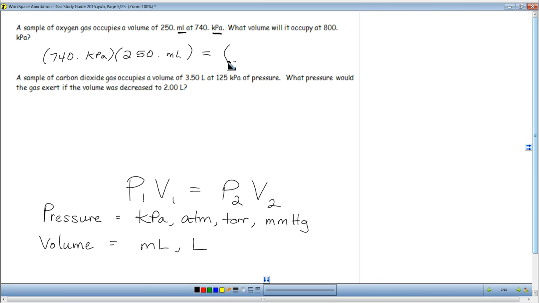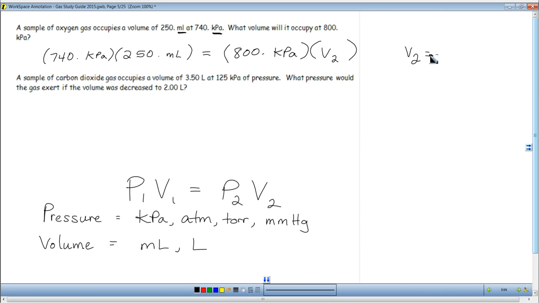What is the volume at 800 kilopascal? 800 kPa is my P2, that's my new pressure. V2 is my variable. Oh my gosh, this is so easy. So you just plug this in and solve for your volume.